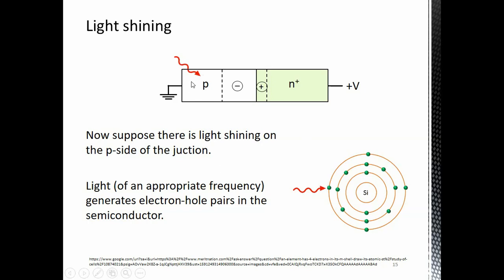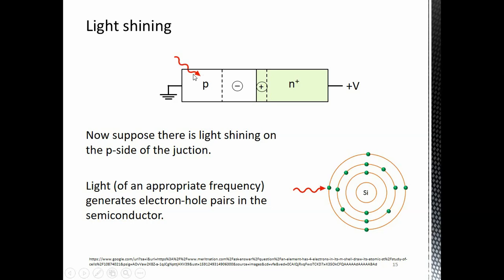In other words, light of an appropriate frequency will generate electron hole pairs in the semiconductor that are free to move about. Electrons are already there, but now they are becoming free because they have acquired energy from the light.